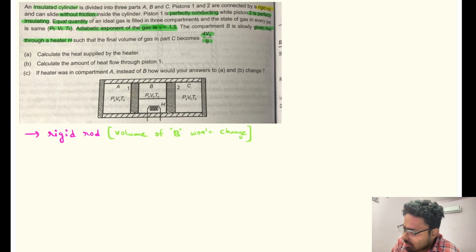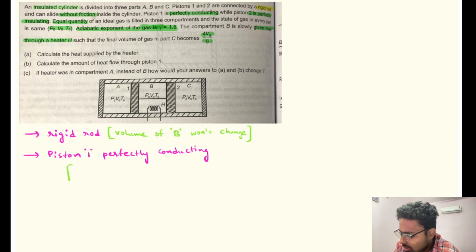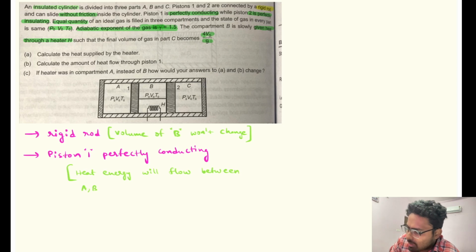Piston 1 is perfectly conducting. Sir, if it is perfectly conducting, what is the takeaway? The takeaway is that heat energy will flow between compartments A and B until the temperatures become equal.